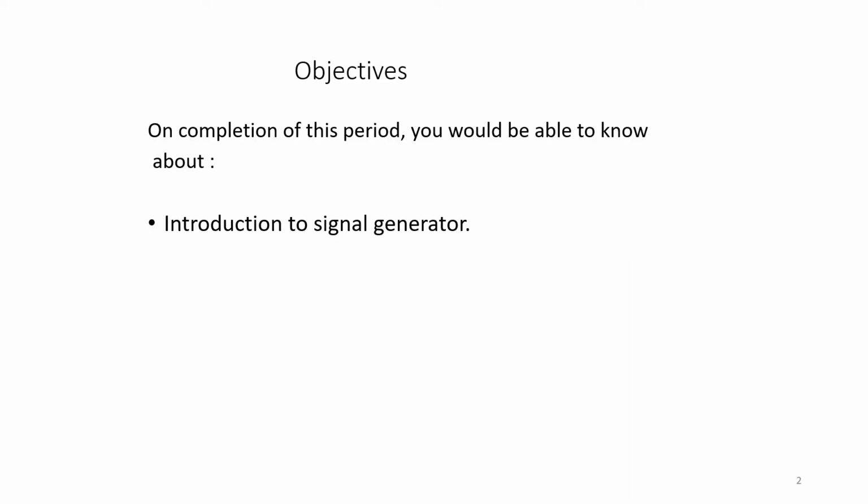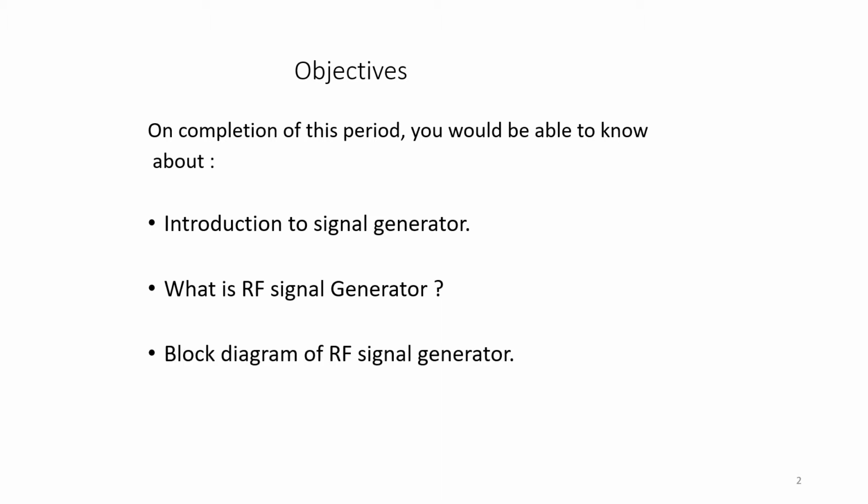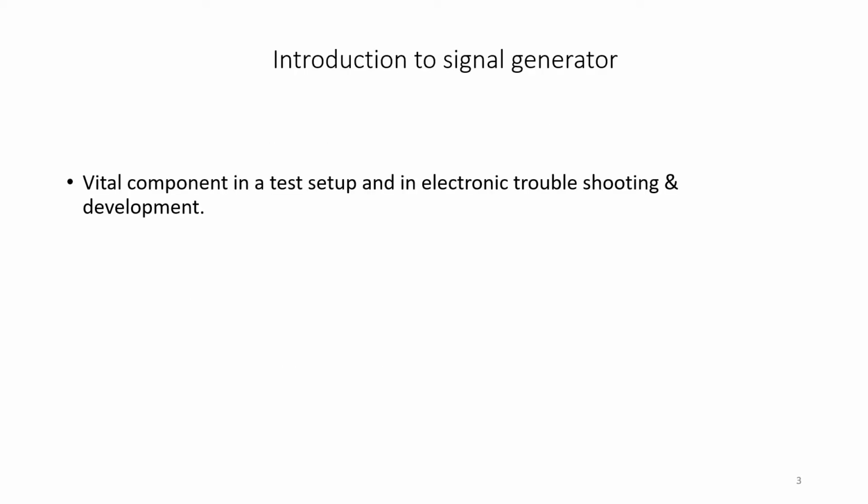So let us see what a signal generator is, what is RF signal generator, block diagram of RF signal generator, and working of RF signal generator. So it is a vital component in a test setup in electronic troubleshooting and development.